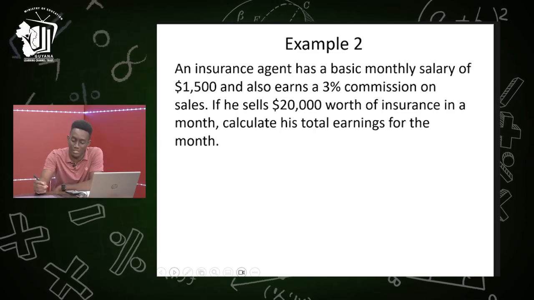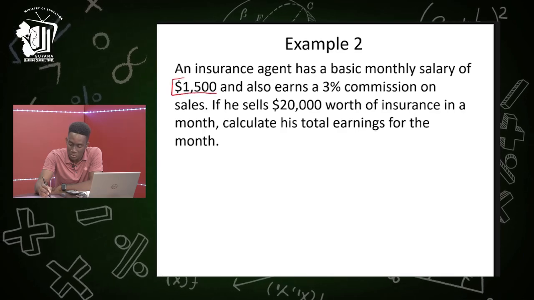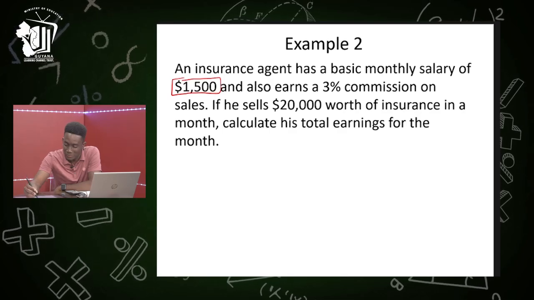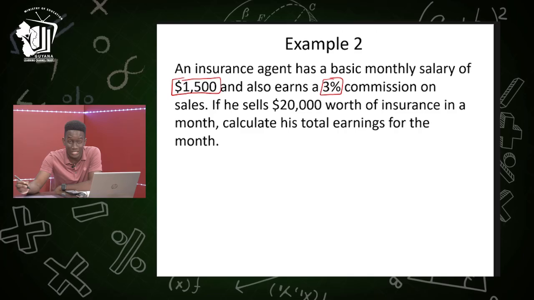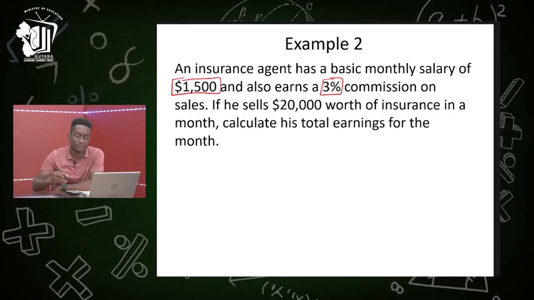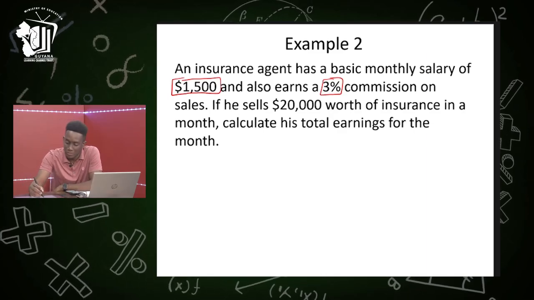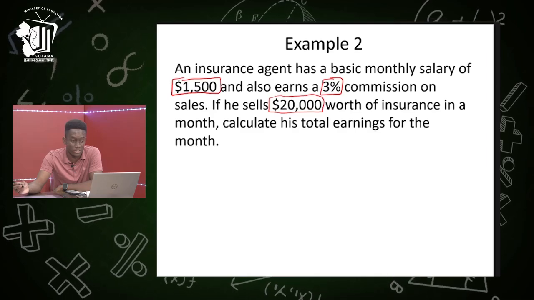So we see we have the agent, whose normal monthly salary is $1,500, which is probably in US dollars. And the agent also makes 3% in commission. So for this month, he sold $20,000 worth of insurance.